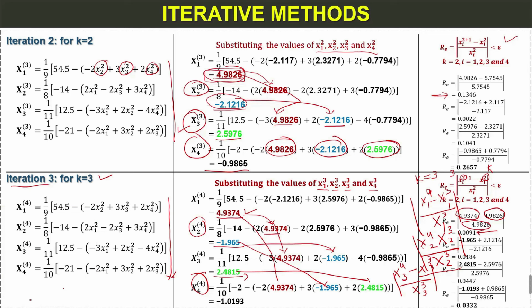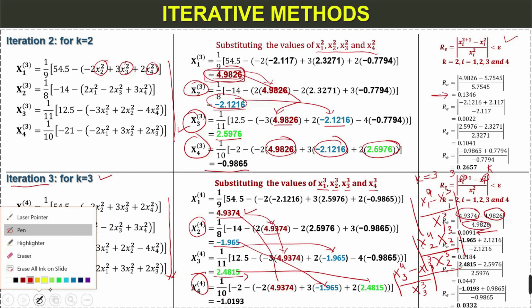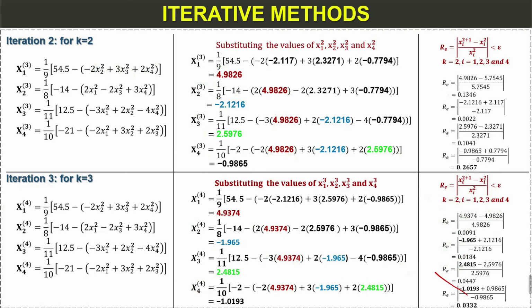And similarly for the last one, x44 minus x34, divided by x34, and the absolute value of this. Okay, so this is the way we can calculate the relative error.